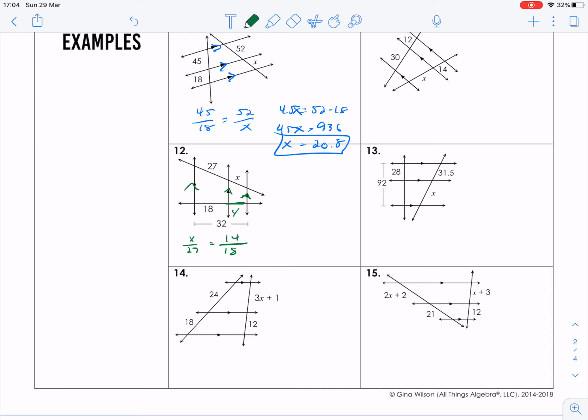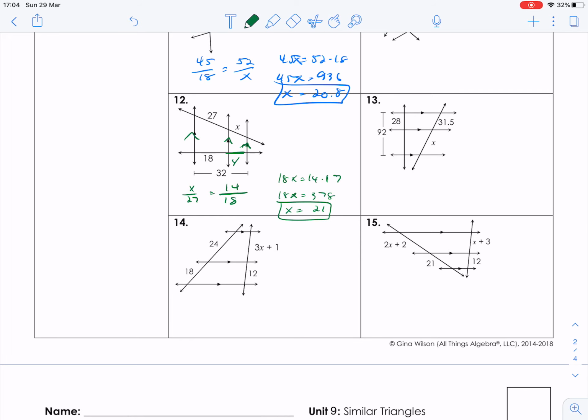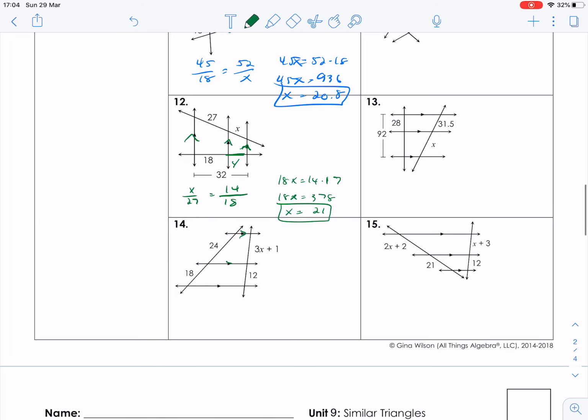So we solve. 18x equals 14 times 17. 18x equals 378. X equals 21. Okay, keep going.